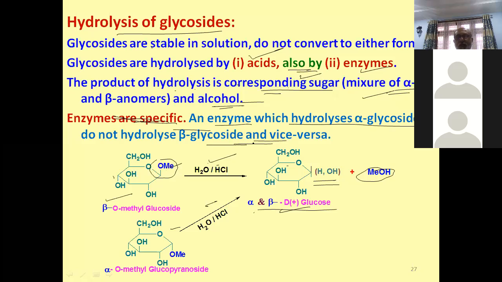That is why you cannot digest cellulose, but you can digest starch. Because starch and cellulose, the difference is in the glycosidic bond. We'll come to that one later on. The enzyme which is present in your system cannot hydrolyze the other glycoside, it can hydrolyze only the glycoside present in starch. And that is the difference between starch and cellulose.